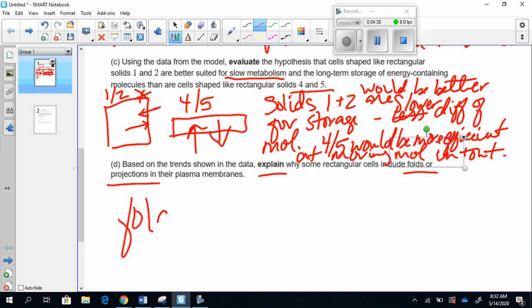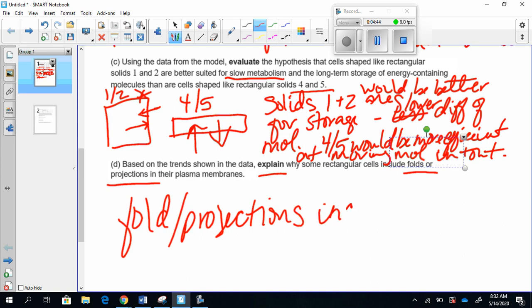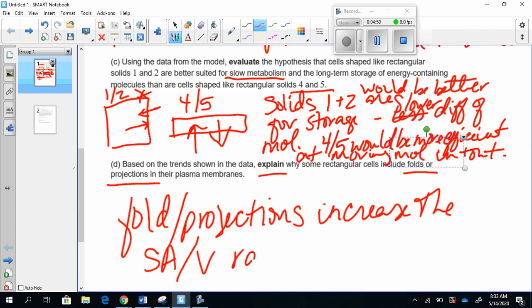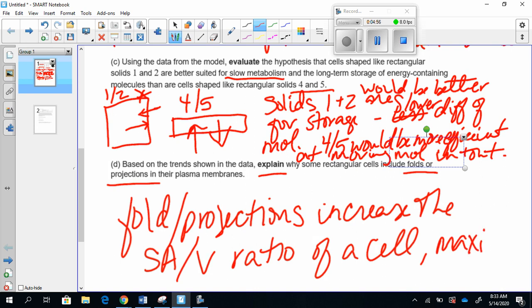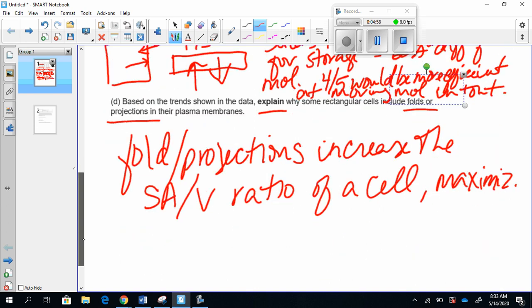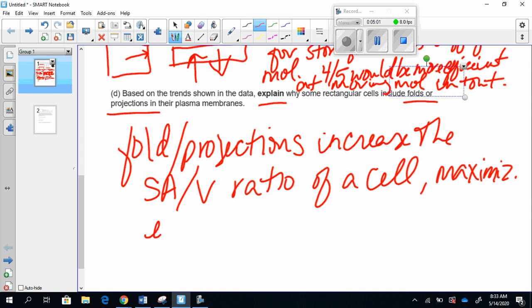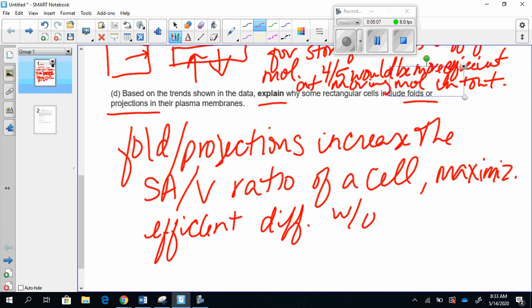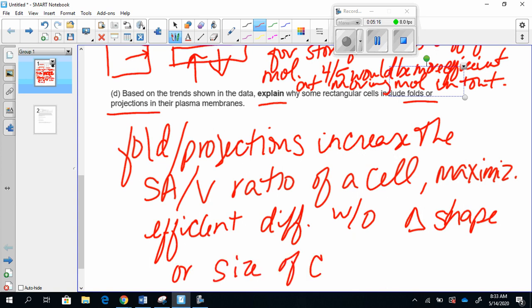Okay, folds or projections increase the surface area to volume ratio of a cell, maximizing efficient diffusion without changing the overall shape or size of the cell. All right, I like that question.